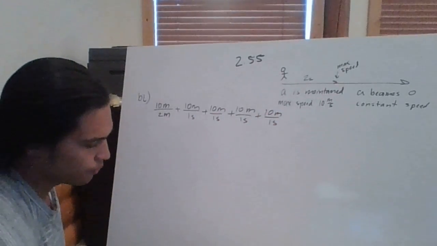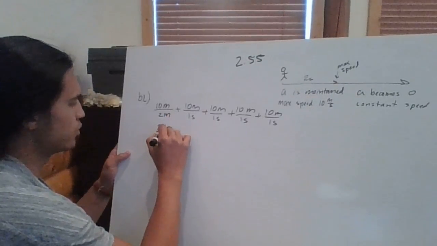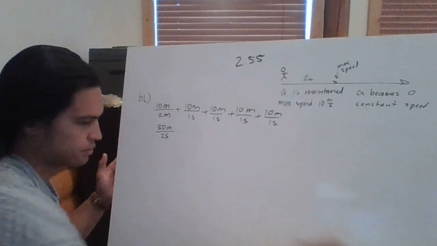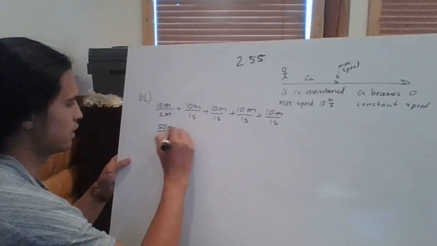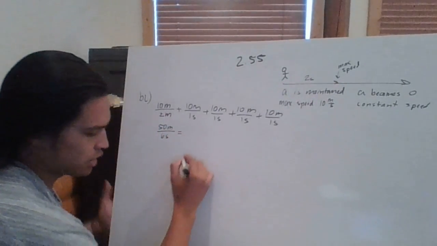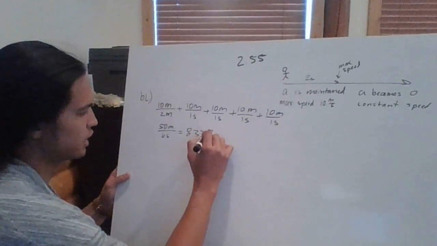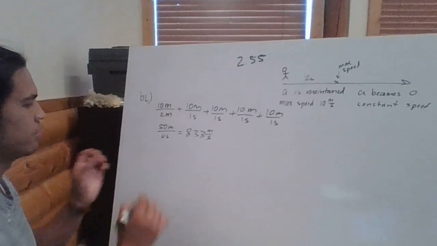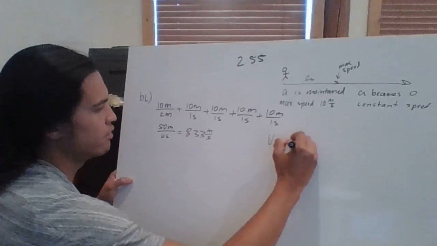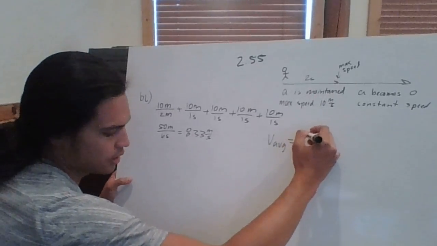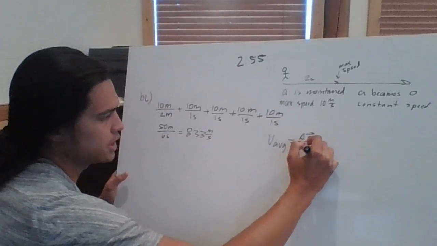That'll all give you 50 meters in 6 seconds, which gives you an average velocity of 8.33 meters per second. And that's going off of the equation average velocity equals delta r, or delta x, over delta t.